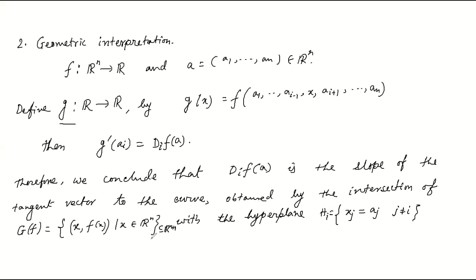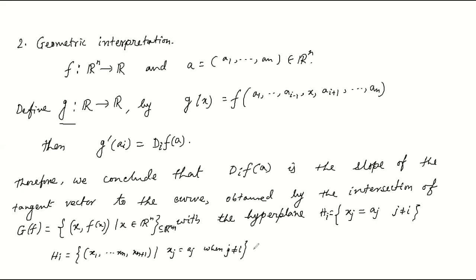And more precisely, H is equal to H sub i. This is equal to the set of all points in R^(n+1), that is (x1, and so on, xn, x_(n+1)), such that xj equals aj when j is not equal to i.